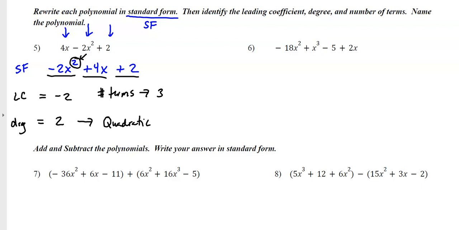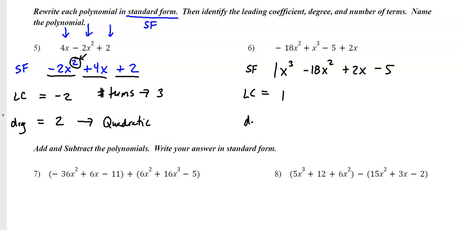So let's do number 6. Standard form, it looks like x to the third is the big dog. The negative 18x squared is next, the positive 2x, and then the negative 5. So leading coefficient is 1 because there's kind of an understood 1 there.